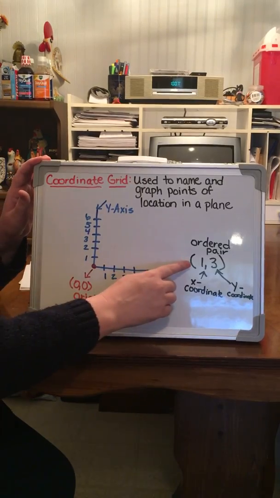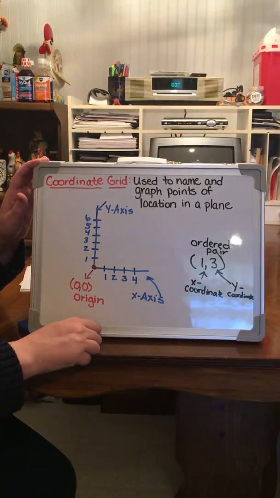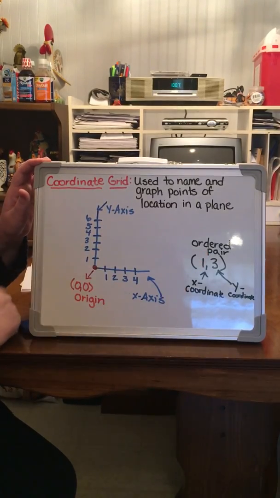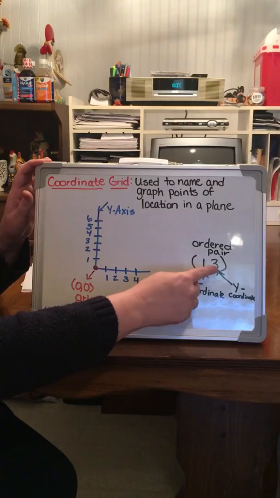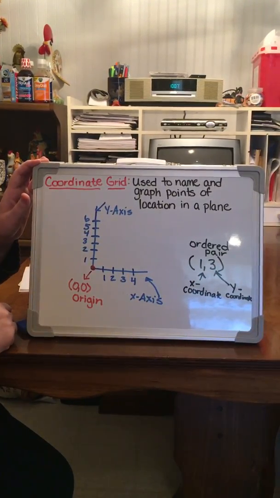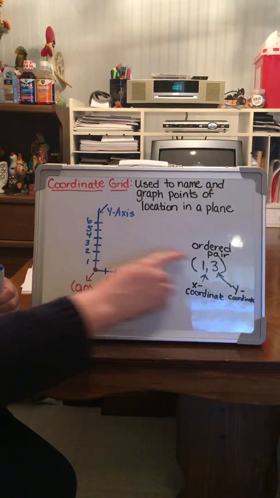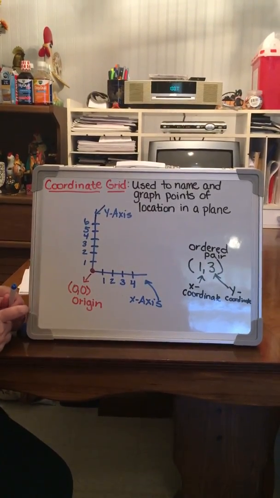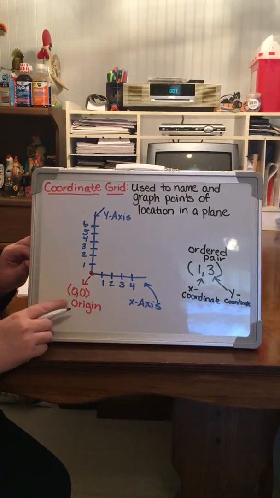So let's look at this ordered pair. Do you see this ordered pair? It says 1, 3. The X is the 1. That's the X coordinate. And the 3 is the Y coordinate. So I'm going to show you how you would graph this on here. So if I wanted to graph 1, 3, that ordered pair, somebody gave me that ordered pair to graph, I would go right here from the origin.